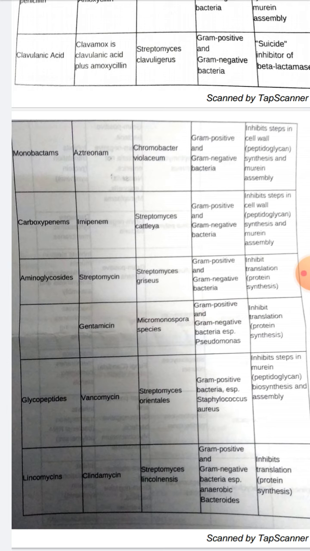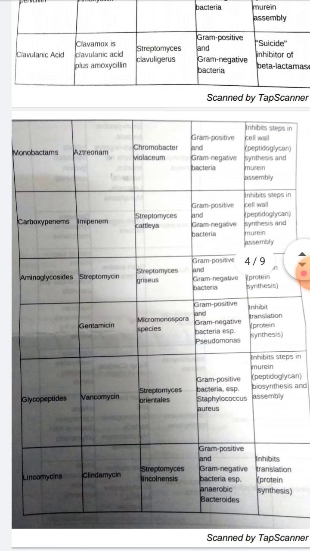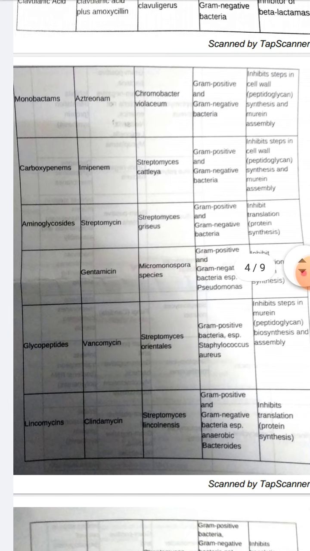Streptomycin is derived from Streptomyces griseus, effective against gram positive and gram negative bacteria, and inhibits protein synthesis. Gentamicin is derived from Micromonospora species, effective against gram positive and gram negative bacteria, especially Pseudomonas, and inhibits the translation protein synthesis.